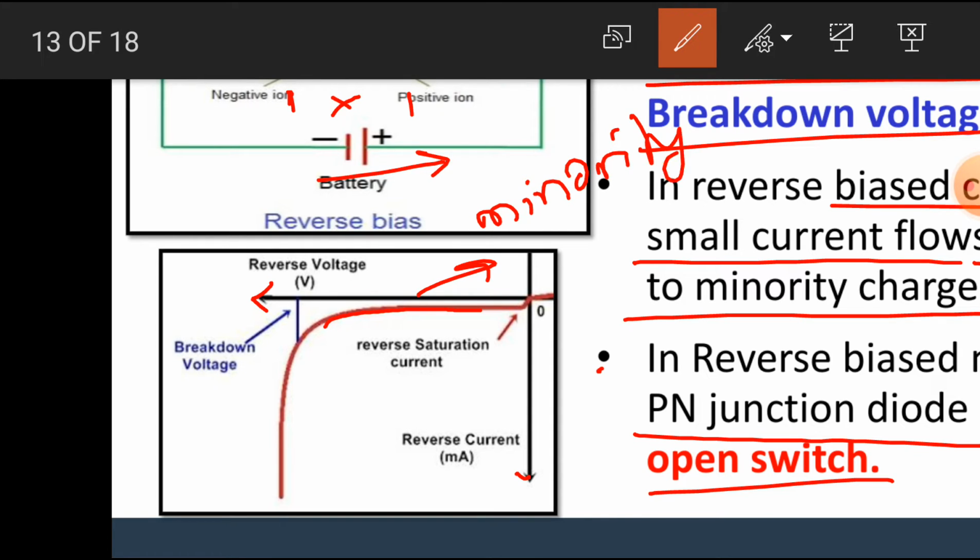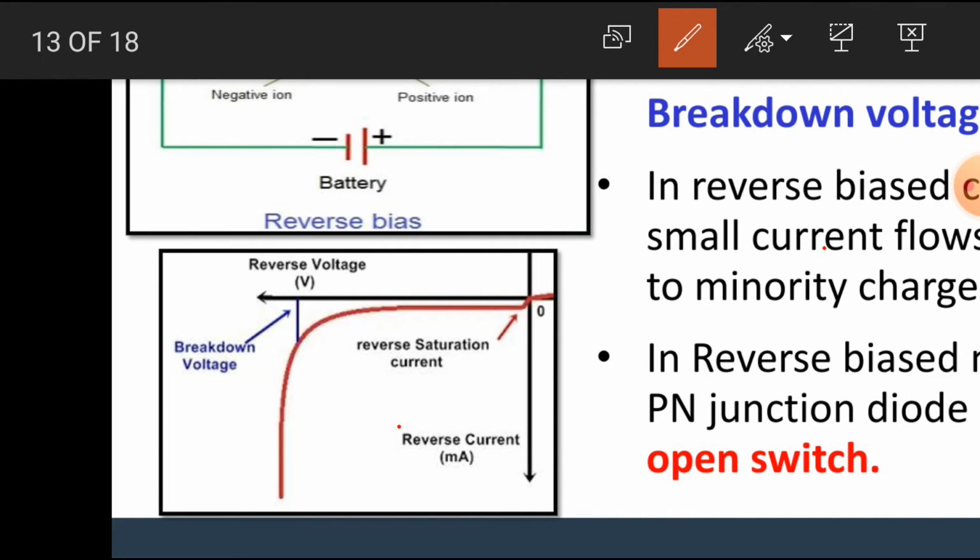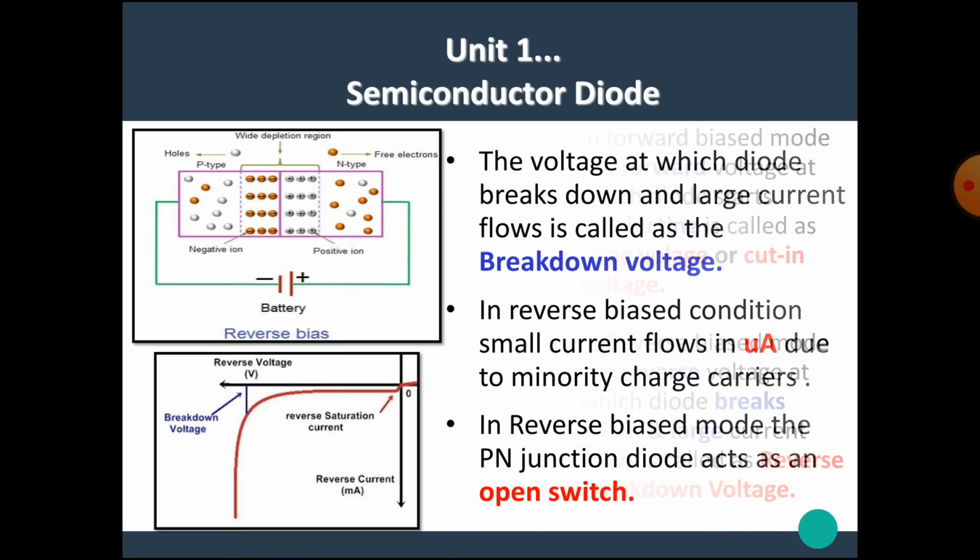This is very important: in reverse bias condition the reverse saturation current flows due to minority charge carriers, but at a certain value of the reverse voltage the diode breaks down and large current flows through the diode. The voltage at which the junction breaks down is called the breakdown voltage. Here, the PN junction diode acts as an open switch.